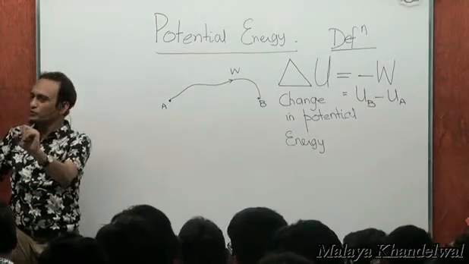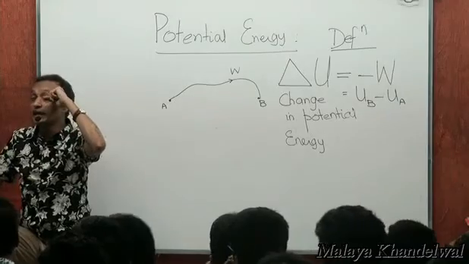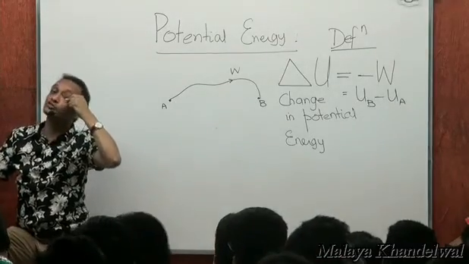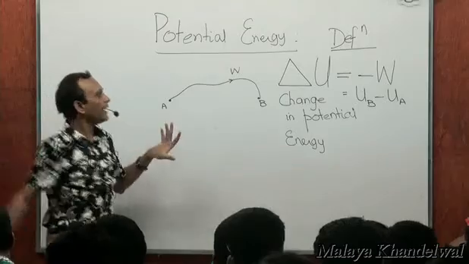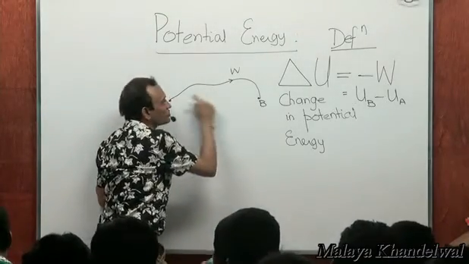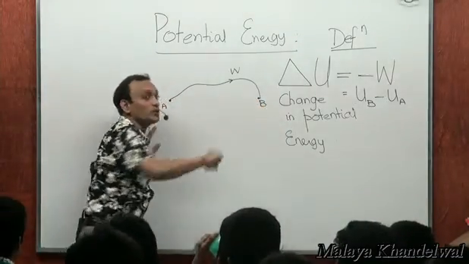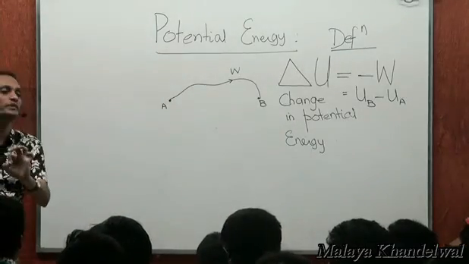So, in brief, what's defined is UB minus UA, which is negative of the work done when the particle is transported from A to B along any trajectory. And by the way, whether this trajectory or this trajectory or this trajectory, the work done will still be W units. And negative of this will be UB minus UA.